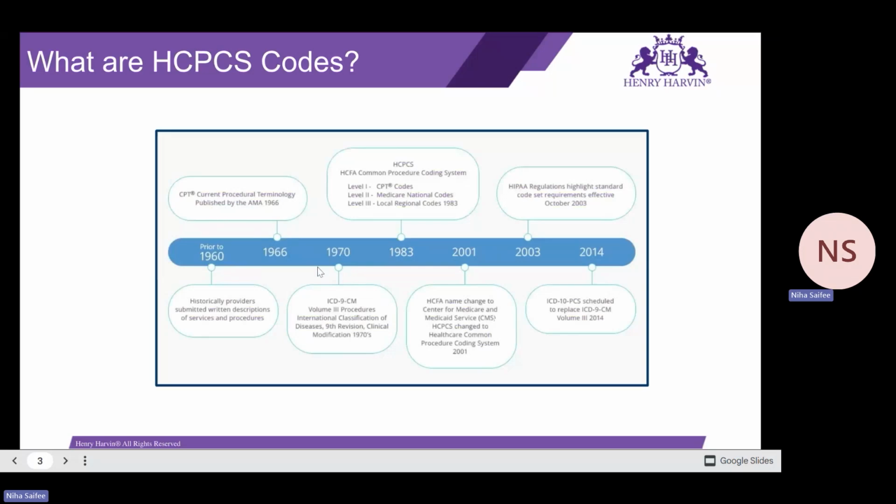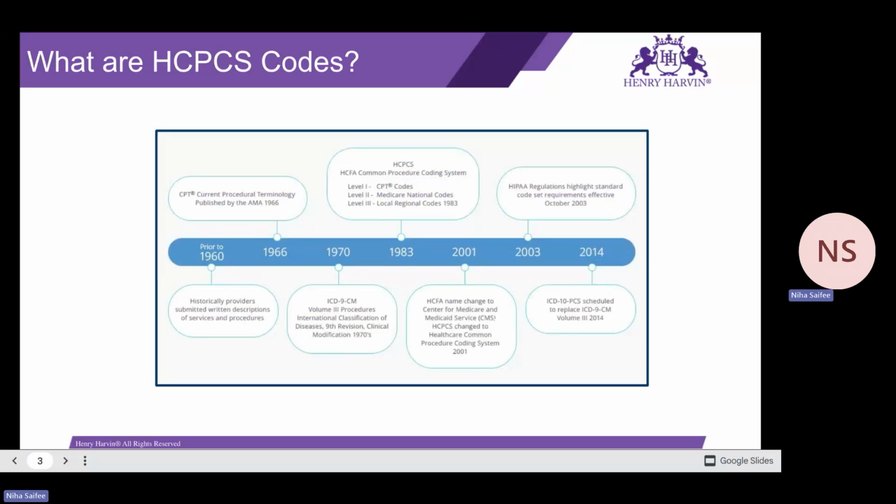After that, the ICD coding system came. And then in 1983, the HCFA Common Procedure Coding System came into existence. Okay. So earlier it was not HCPCS, it was only Common Procedure Coding System.